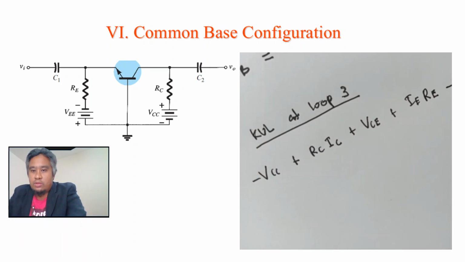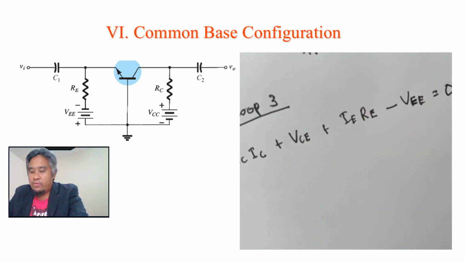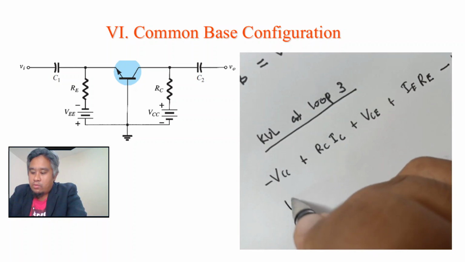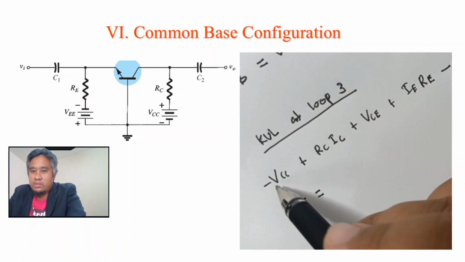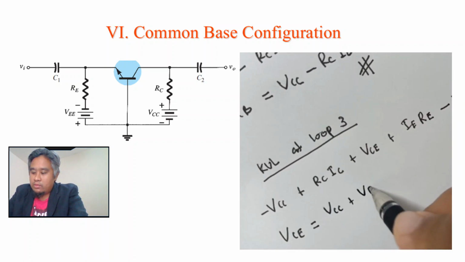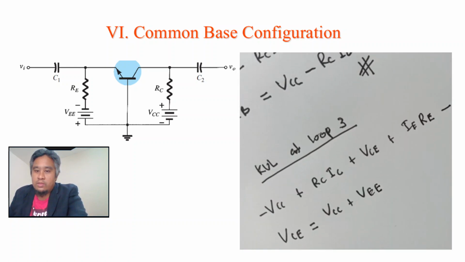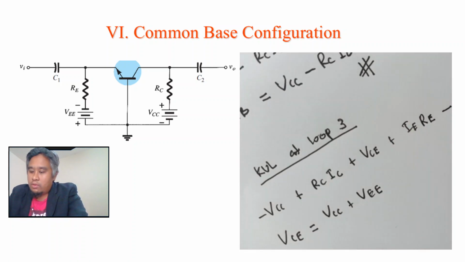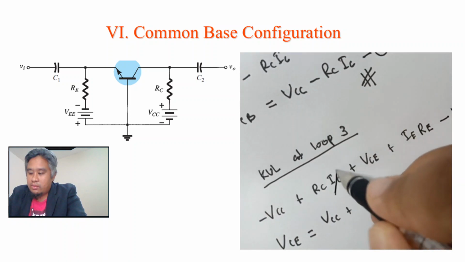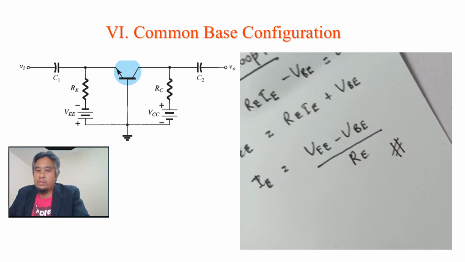We continue to simplify this equation. We have to derive the equation for VCE. Now VCE equals, moving minus VCC and minus VE to the right side, VCC plus VE. Then we can replace the IC with IE, because we already have the IE equation.